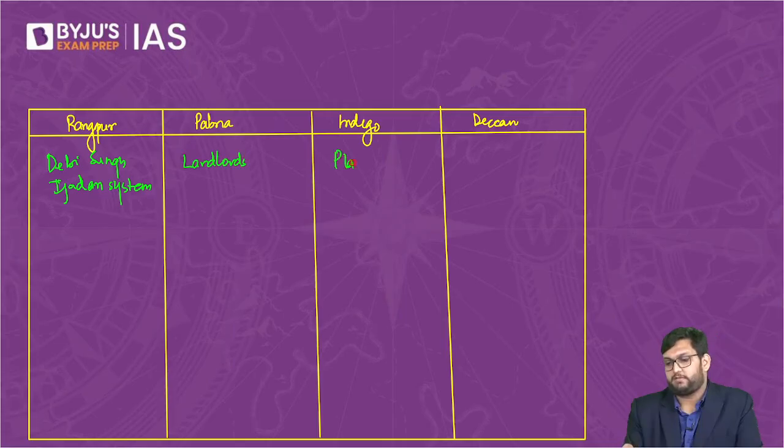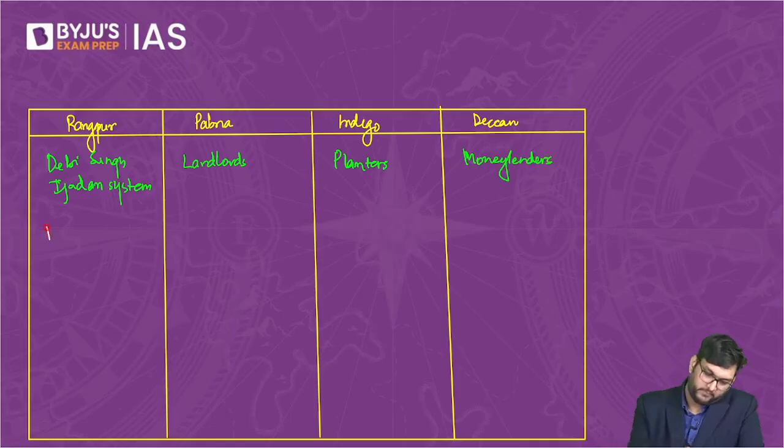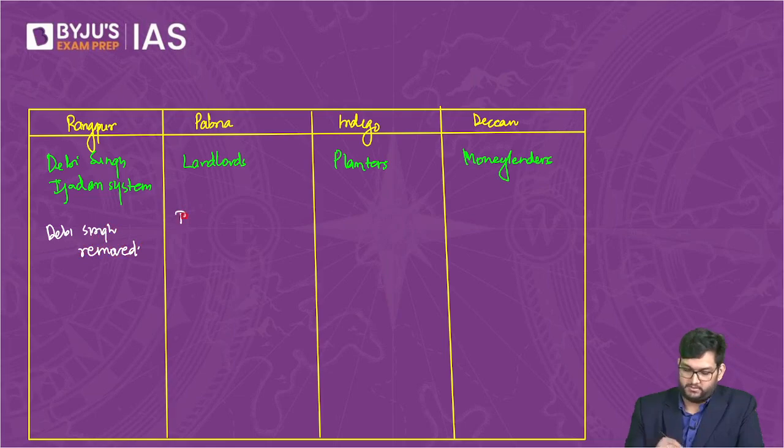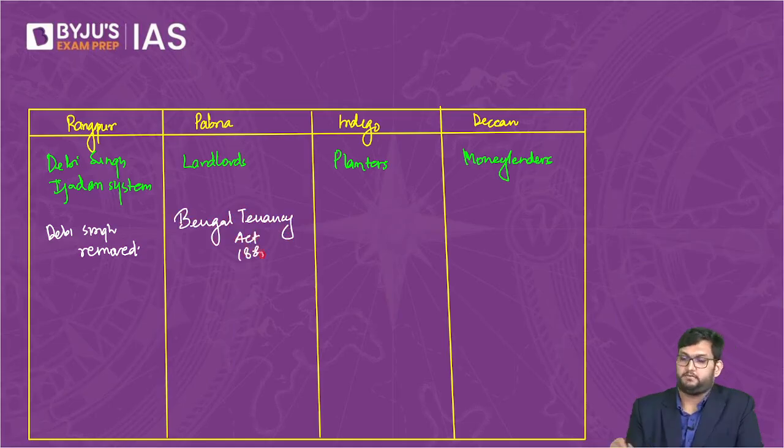Indigo is against planters. Deccan is against moneylenders. Here, Debi Singh removed. Here, you have the Bengal Tenancy Act 1885. Here you have the Indigo Commission. And here you have the Deccan Agriculturalists Relief Act.